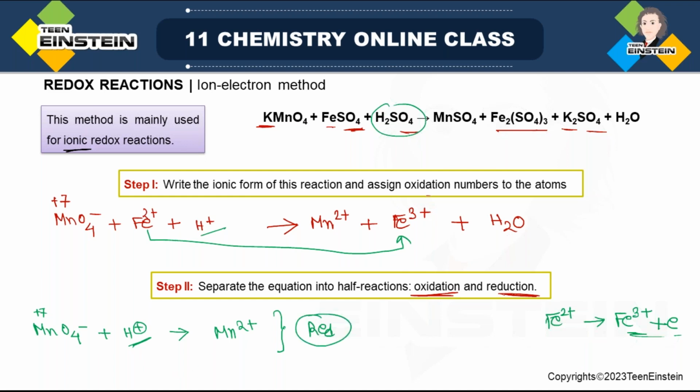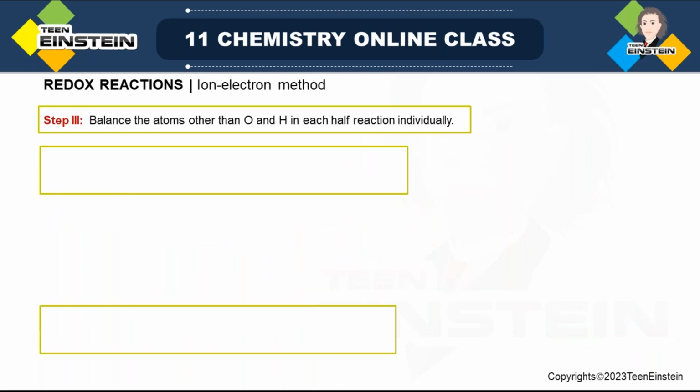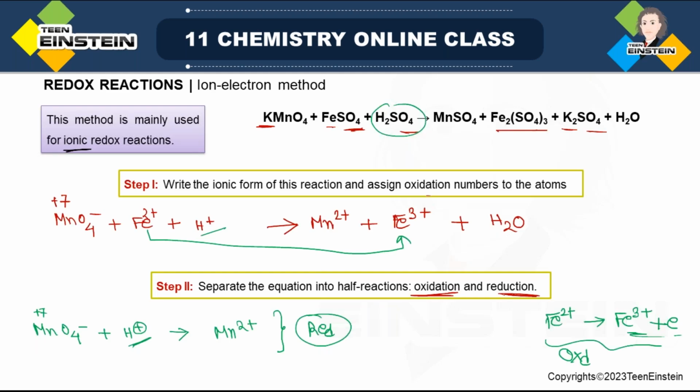So ultimately this is the reduction reaction and this is oxidation. So two separate reactions we have written, right? The next step is to balance the atoms other than oxygen and hydrogen in each half reaction individually. Now Fe to Fe³⁺, there is actually no oxygen or hydrogen involved. But if you look at MnO4⁻, there are basically a total of 4 oxygens.